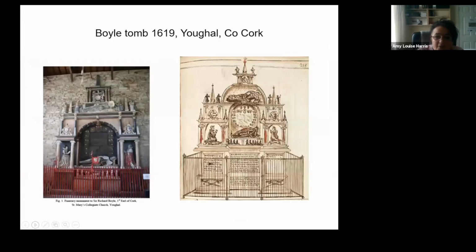To return to Youghal, the second Boyle monument to feature in my paper has been largely left alone. It possibly has its original railing around it. The reason it's in a better condition is because the descendants of the Boyles, the Dukes of Devonshire, spent a lot of time in Lismore, so they were probably looking after the tomb.